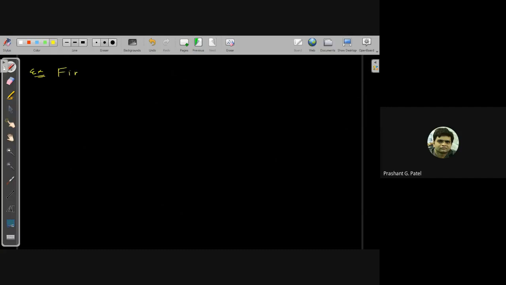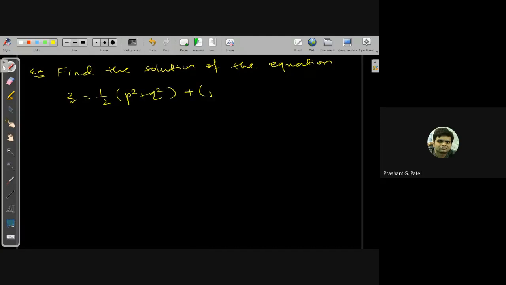Find the solution of the equation z = 1/2(p^2 + q^2) + p - xq - y, which passes through the x-axis.